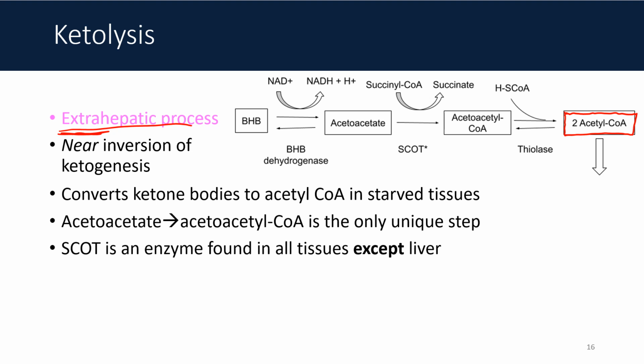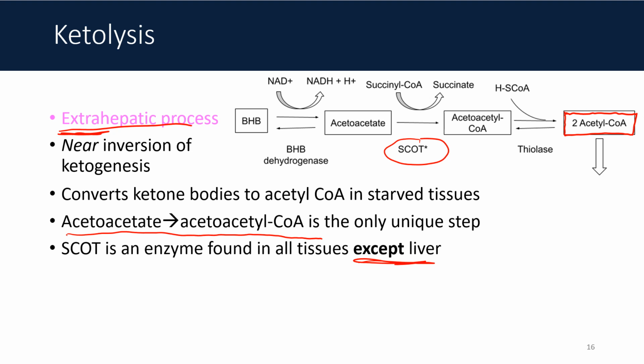If you look at the intermediates and the enzymes in the catabolism pathway, it's a near inversion of ketogenesis, with the exception of this central SCOT-catalyzed step. The process of converting acetoacetate into acetoacetyl-CoA is the only unique step here. And this enzyme SCOT is not made in the liver.